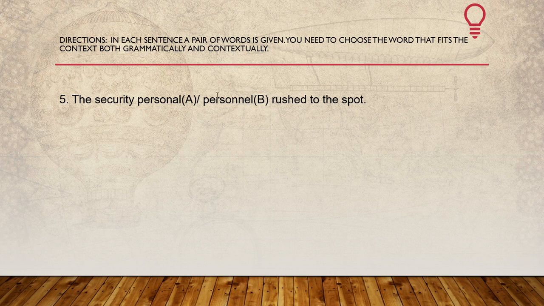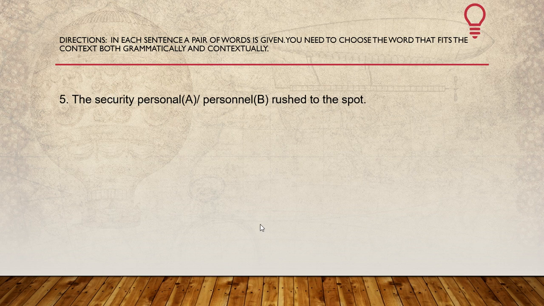That is option B. The police personnel or the security personnel or the security men, that is someone who is employed in the organization which actually looks after the security of something. I mean, security of a building, security of a person. Fine. So that is the security personnel rushed to the spot.